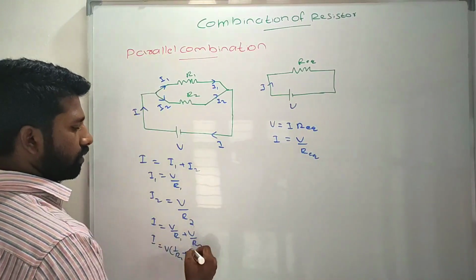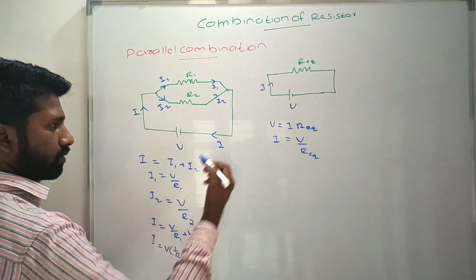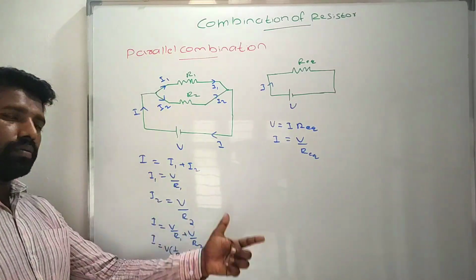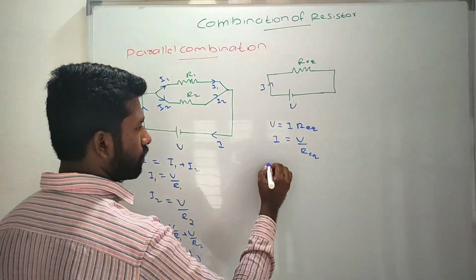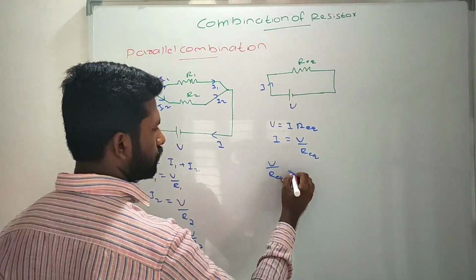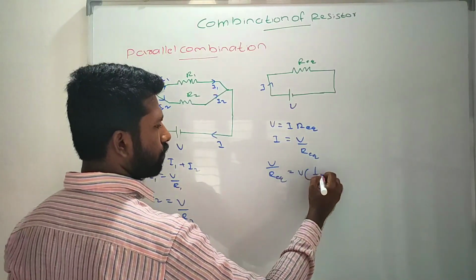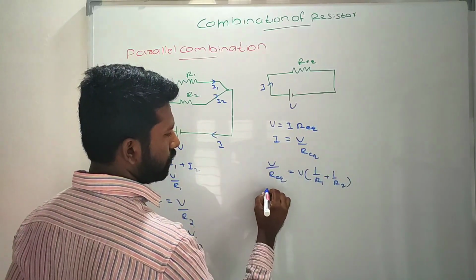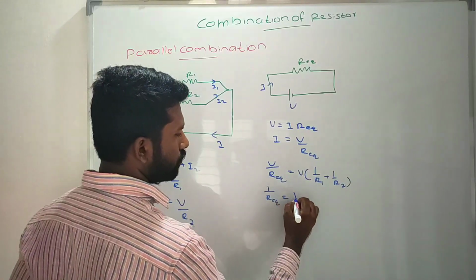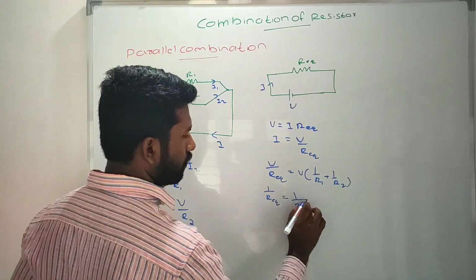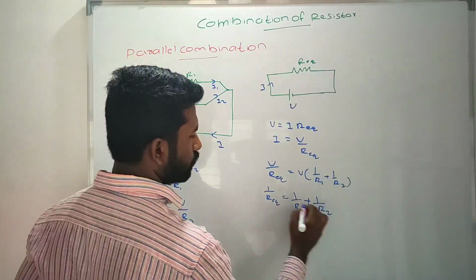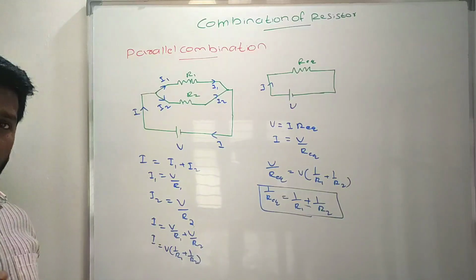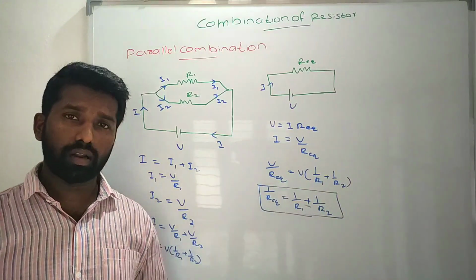Look at this and the earlier equation. The left-hand side is the same, so the right-hand side is also the same. So we can equate them: V by R equivalent is equal to V into 1 by R1 plus 1 by R2. V cancels. So 1 by R equivalent is equal to 1 by R1 plus 1 by R2. This is the equivalent resistance when the resistors are connected in parallel.